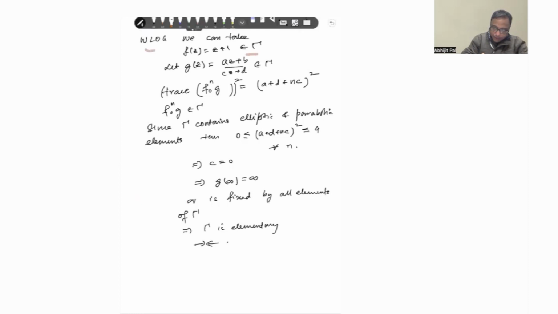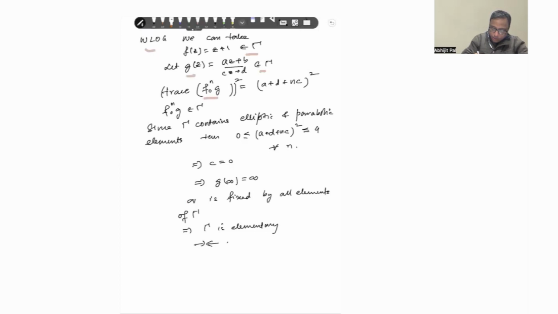And now let us take any element g(z) equals az plus b by cz plus d belonging to gamma. Now take this isometry f to the power n composed with g, take the matrix corresponding to it, take the trace and take the square of that thing.